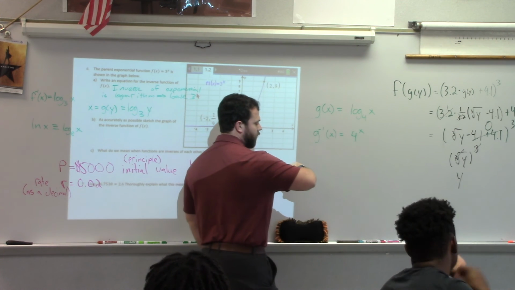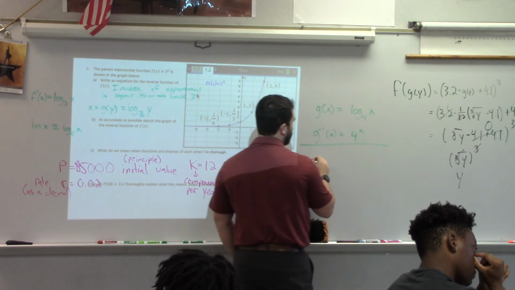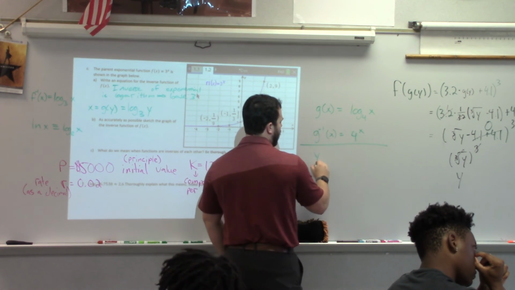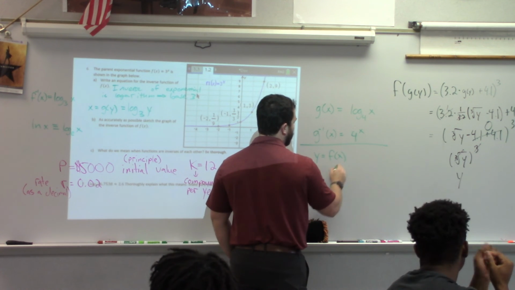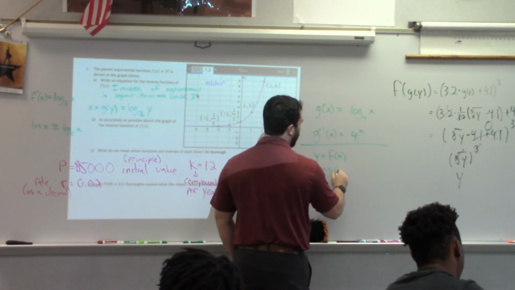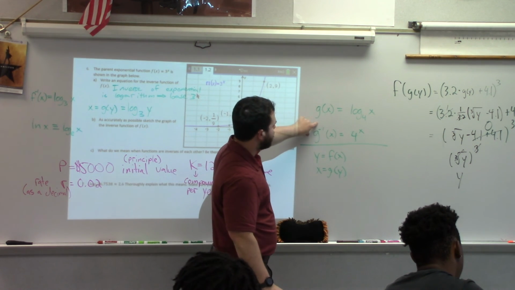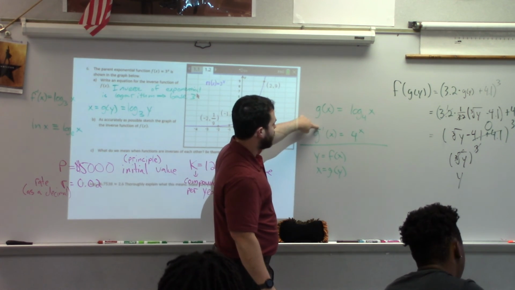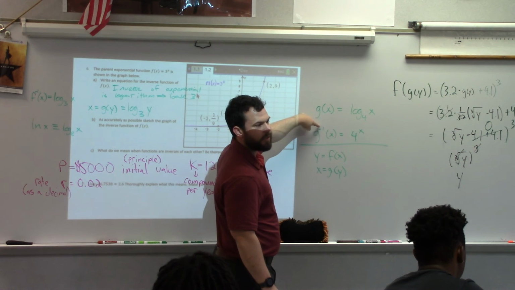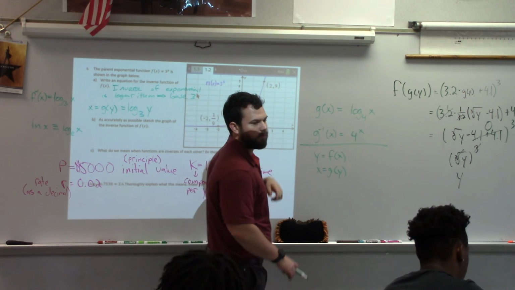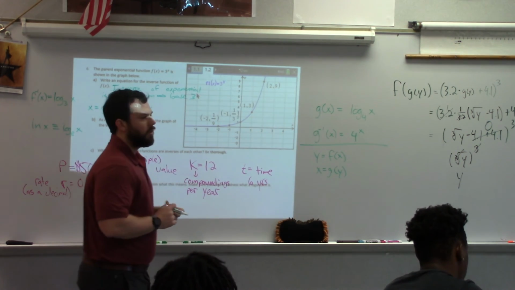So what we can do is if you have y equals f of x, you can change it to x equals g of y. But if you're using that inverse notation, if you start with g, you have to do this because literally what that's telling you is the inverse of g of x. Does that make sense?